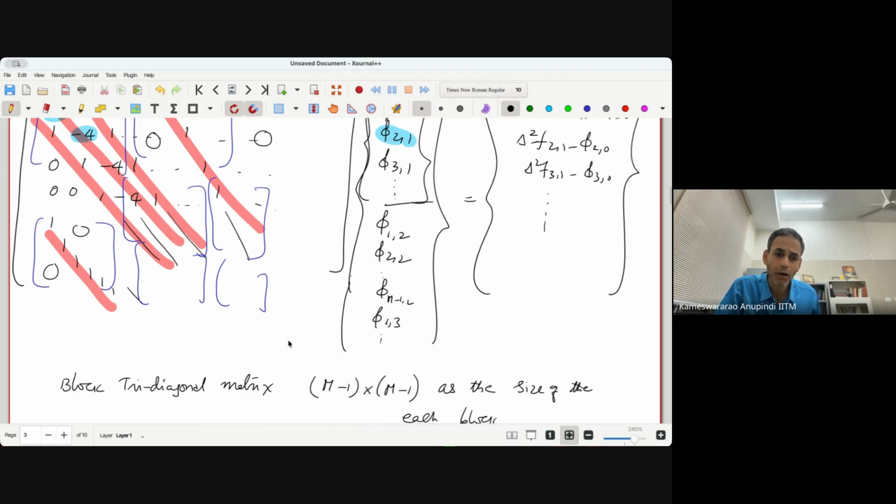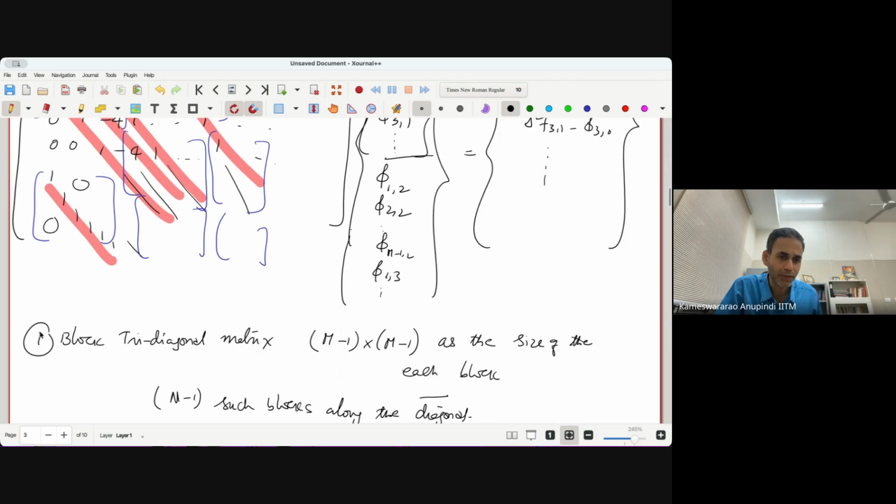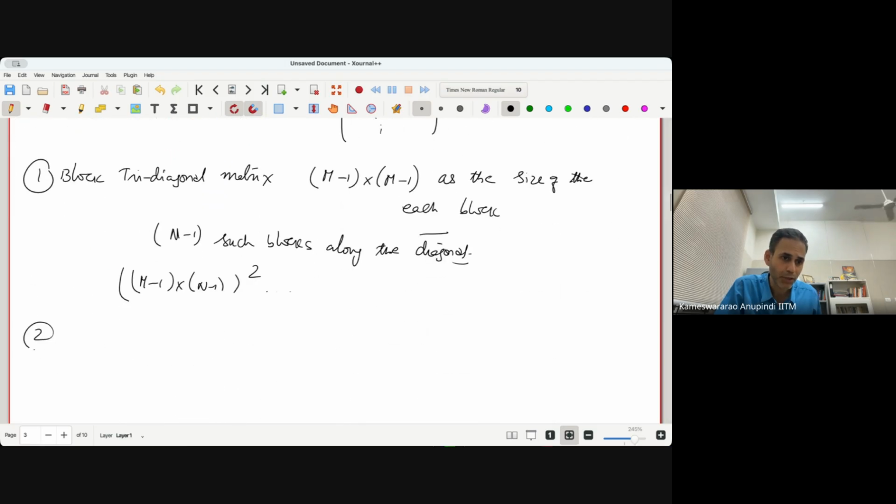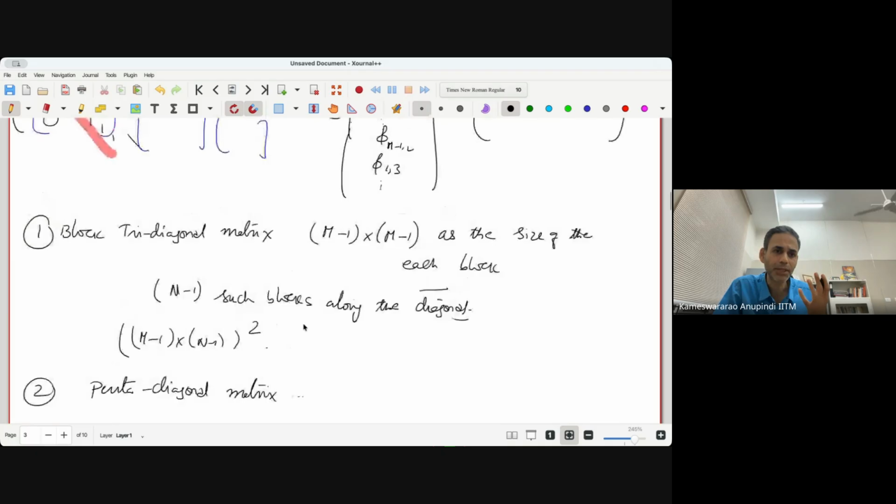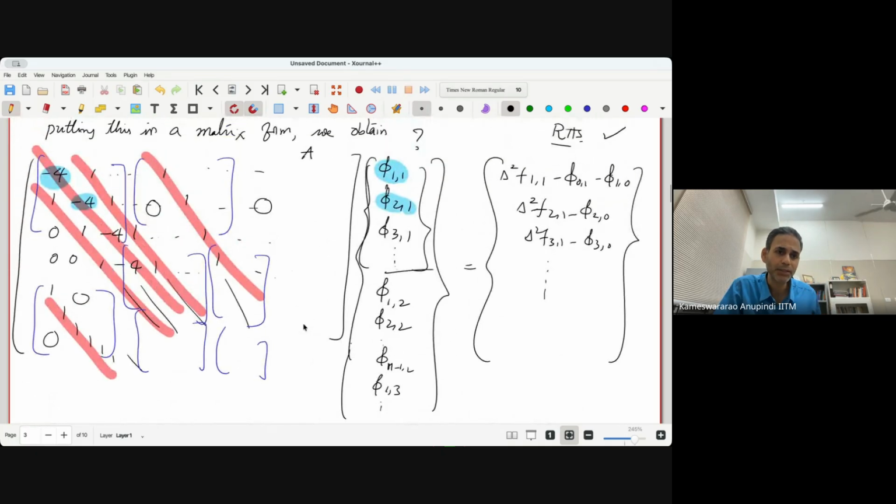Okay. Or instead of thinking of it like a block tridiagonal matrix, you can also think of it like a pentadiagonal matrix, right? But it is not a pentadiagonal matrix in the same sense as we would perceive, because there are 5 non-zero rows, but only 3 rows are together. The other 2 rows are separated by a distance of m-1 points, right?